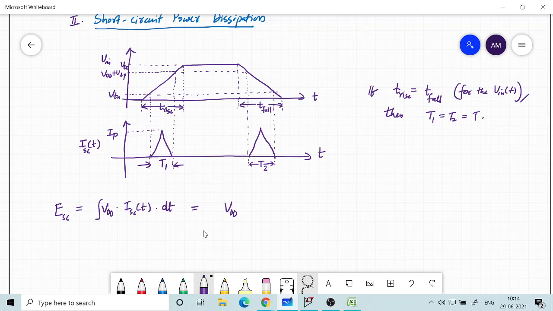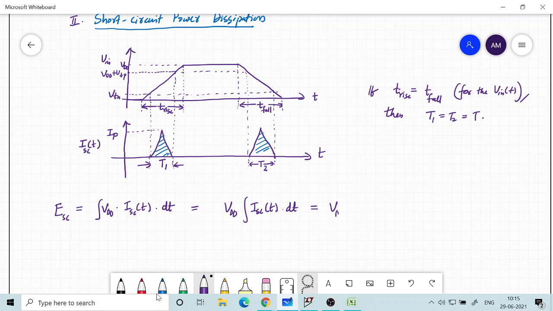The integral of the current is basically the area under this, right? So there are two, that is the integral of the short circuit current dt.